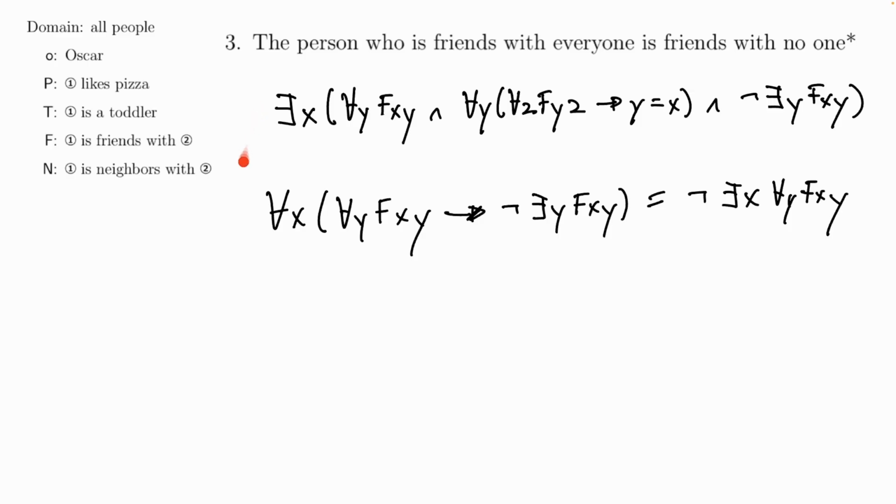And on a problem set, I would accept either of these answers, but I do think that really this second translation is capturing what this statement is trying to say, even if, strictly speaking, it could be interpreted in this first way. It's really this second one that captures the true intent of this statement.